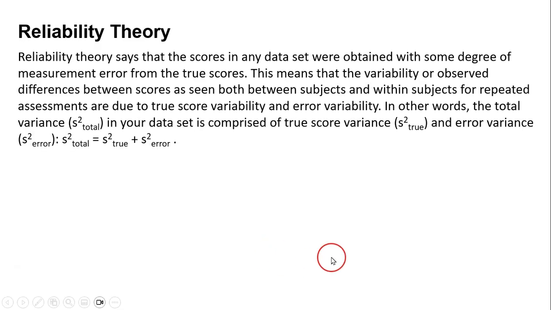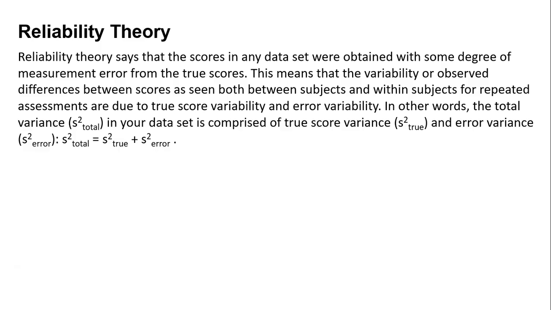Let's talk a little bit now about reliability theory. This will lead us to the general way that reliability is calculated for statistics and research. Reliability theory says that the scores in any data set were obtained with some degree of measurement error from the true scores.